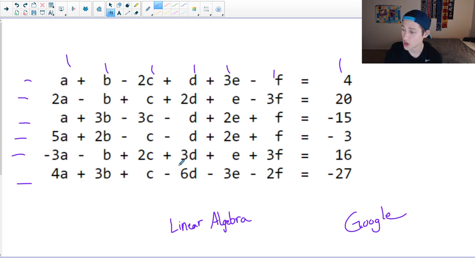Because you guys know all the operations it does, right? Switching rows, adding rows, scalar row multiplication, things like that. So it's pretty interesting that some basic matrix operations are really what goes into sorting the most powerful search engine on the planet.